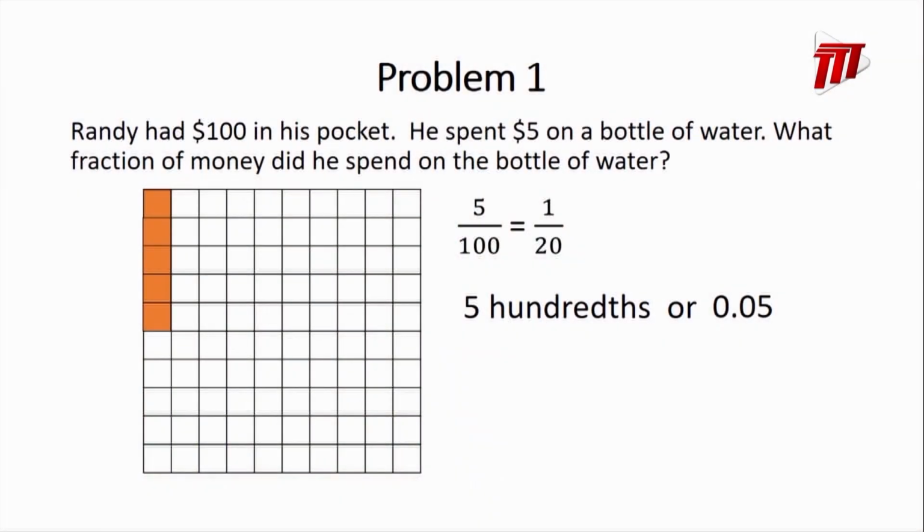What is 5/100ths? 5/100ths could also be written as a decimal, like this, 0.05. And we read this as 5/100ths or 0.05. We can also represent the 5/100ths as 5% or 5 with the percent sign. So all of these are different ways of representing the fraction of money that Randy spent on the bottle of water.